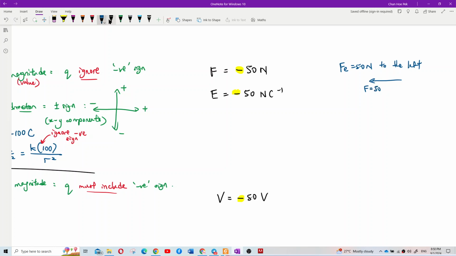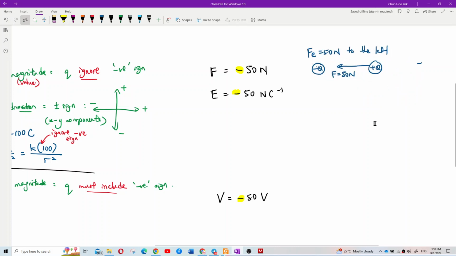Why do we say 50 Newton to the left? Maybe I have a negative charge over here, negative Q, and here has a positive charge. So the force acting on this positive charge is 50 Newton to the left. This is what it means by negative 50.